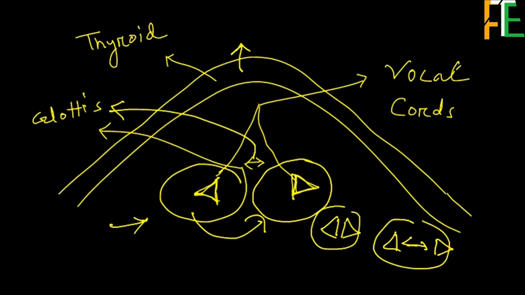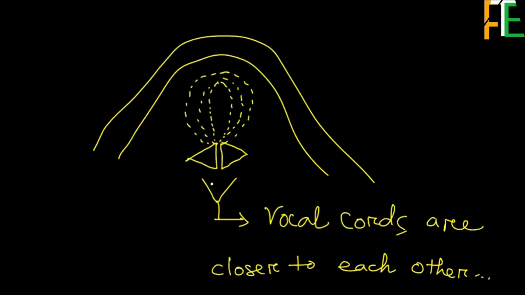So you can see the vibration mode of the vocal cords. You can see the open-close mode. Vocal cords come closer to each other and go further from each other, the action goes on, and the vibration is created.